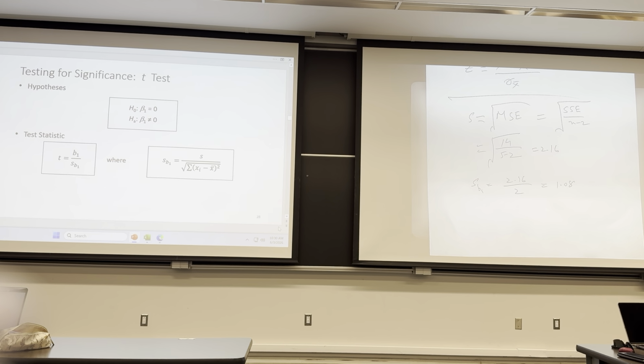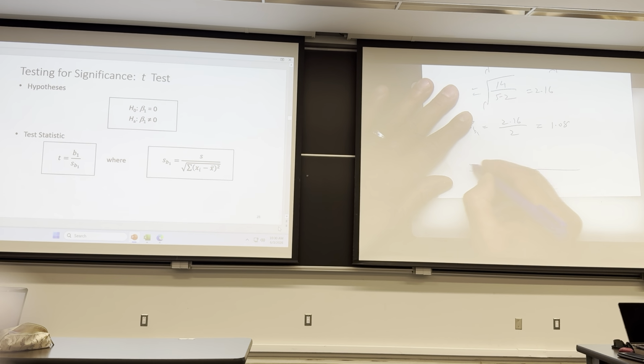Over here, I am dealing with the distribution of B1. It has a mean equal to, so there are a lot of B1s, a lot of small b1, the sample slopes.